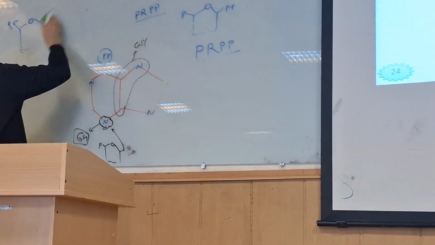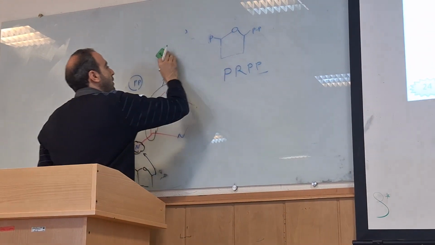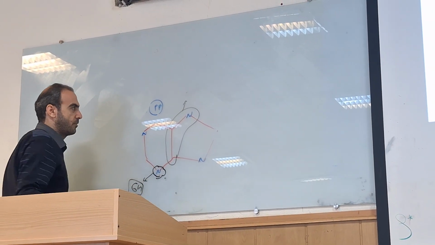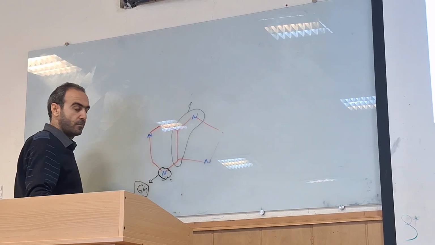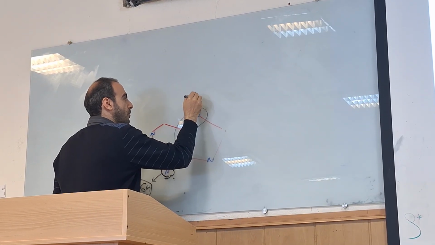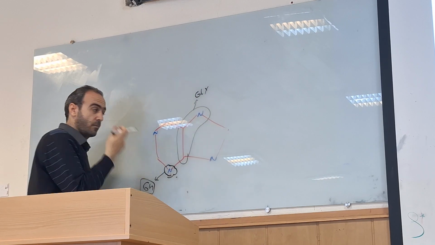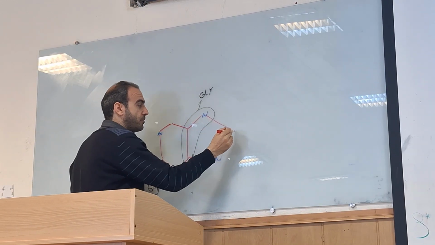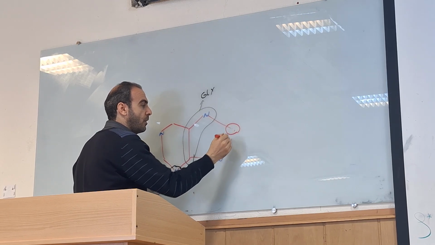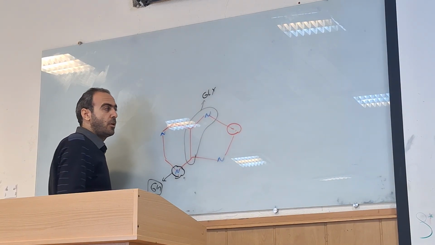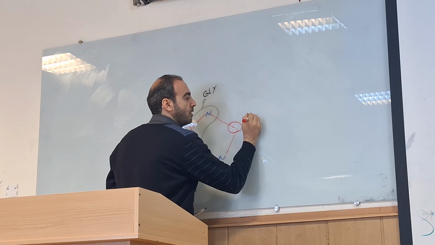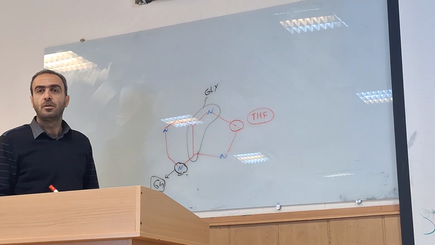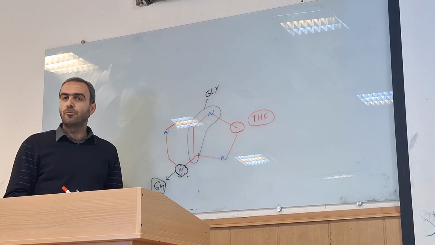So we will add 1 glycine to the structure. Then we have 1 carbon here. This carbon is provided by what? Tetrahydrofolic acid or folic acid.